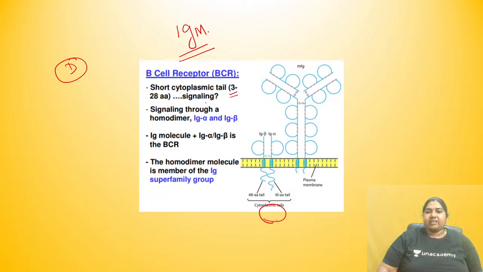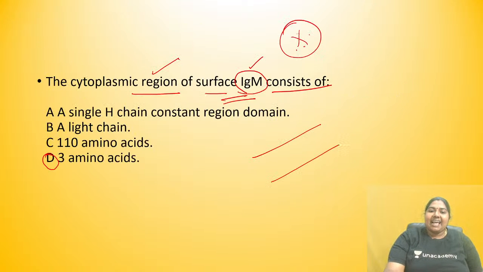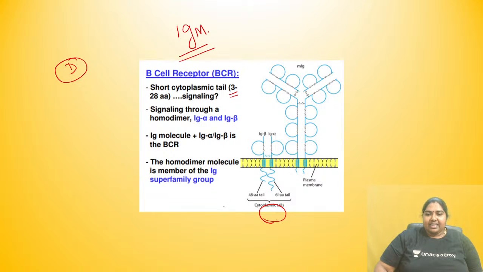In general it will be in the range of 3 to 28, but our IgM has only 3 amino acid residues. So answer D is going to be correct. The cytoplasmic region contains a tail, and the tail is just 3 amino acids.